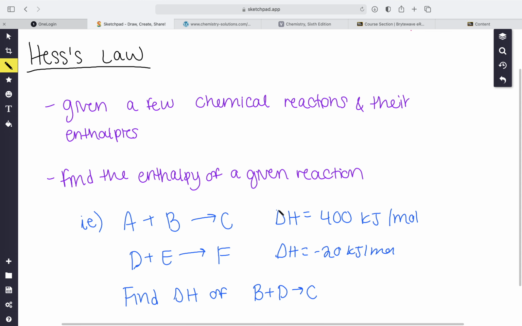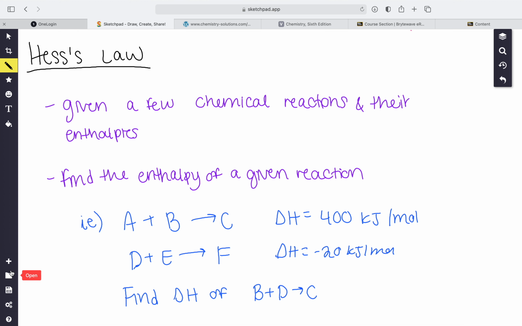So that's just an example. And then we have to find the change in enthalpy of B plus D yields C, right? So we can find that by taking B, getting D. We have to cancel some things and do whatever we need to do in order to find this reaction here.